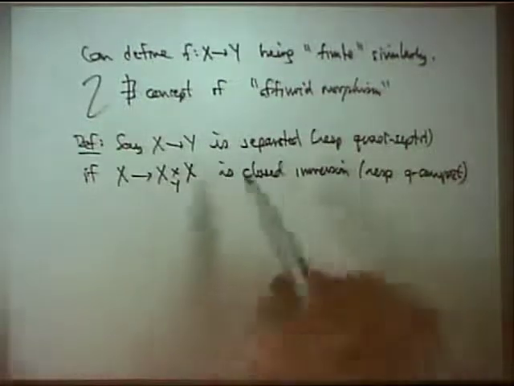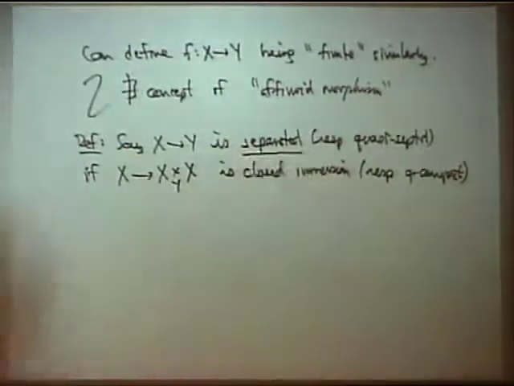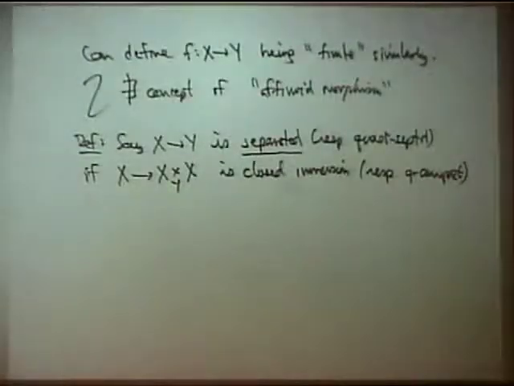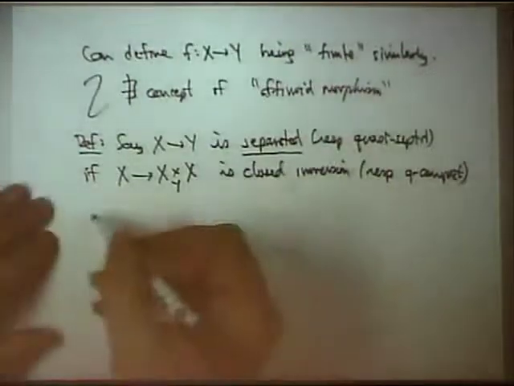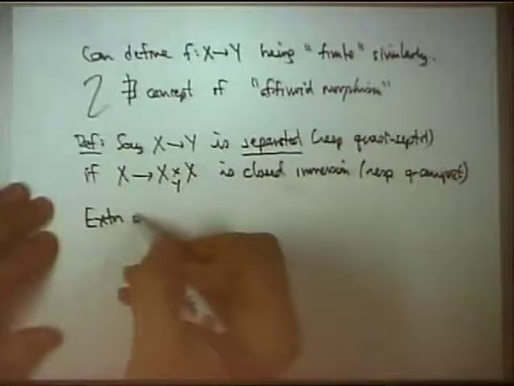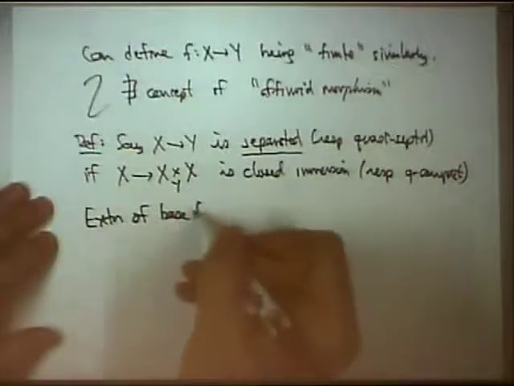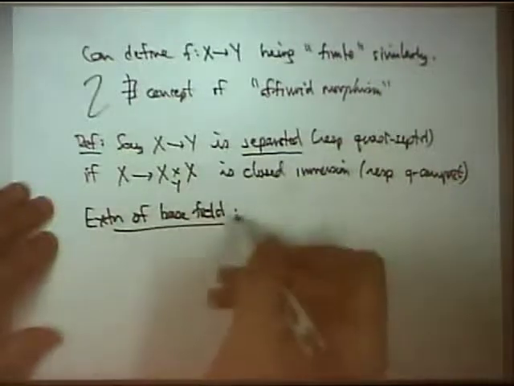Okay? So as I said, once we have the theory of coherent sheaves, we can copy many notions from algebraic geometry into this setting. But slightly more subtle surprises come up if we try to think about more subtle operations like extension of the base field. Okay?